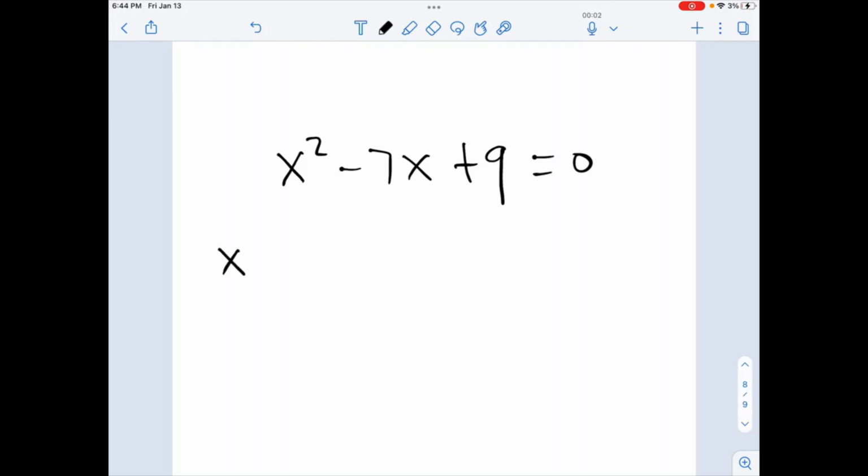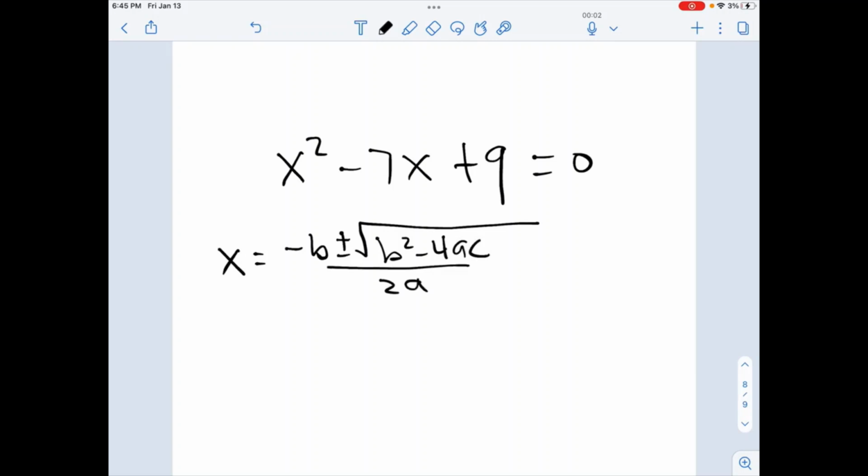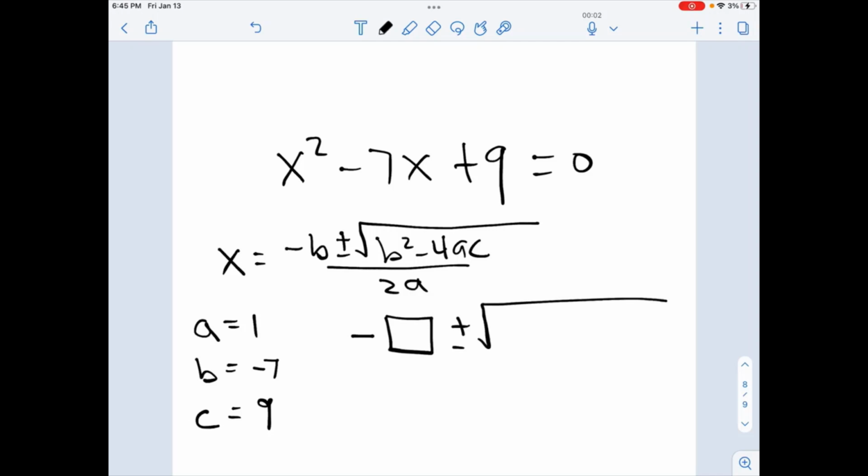Quadratic equation: negative b plus or minus the square root of b squared minus 4ac, all over 2a. Now, what I recommend we do here is we write down a, b, and c. A is 1, b is negative 7, c is 9. And I'm going to rewrite my quadratic equation, but I'm going to include some big placeholders here for each of those terms.